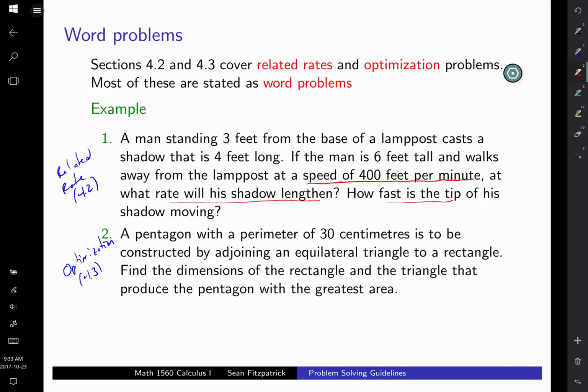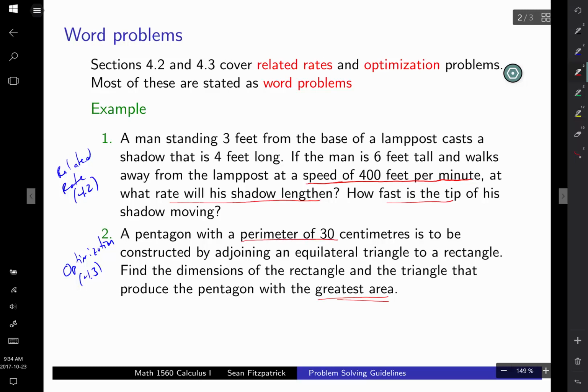In the second case, we have a pentagon that is constructed as described, and you're trying to optimize the area, right? So for a given perimeter, you want the greatest area. This is typical of an optimization problem. You're trying to maximize a certain quantity, the biggest possible area, but that optimization problem is always subject to some sort of constraint.